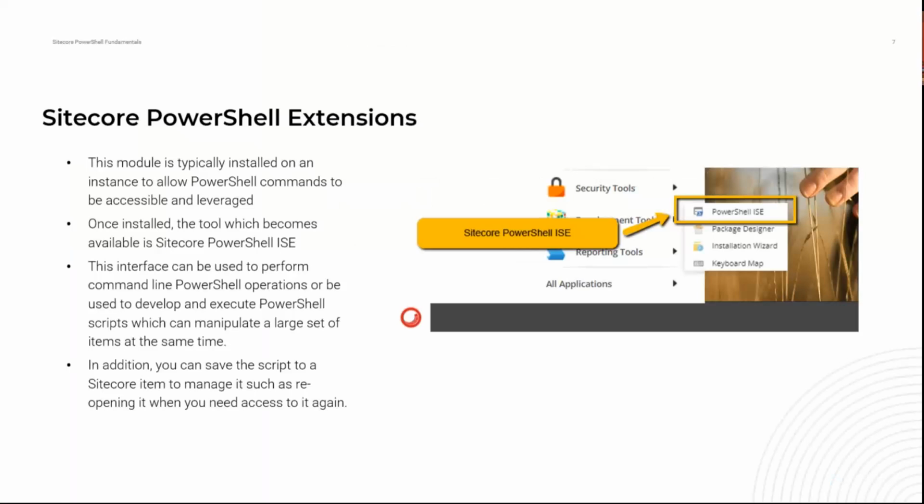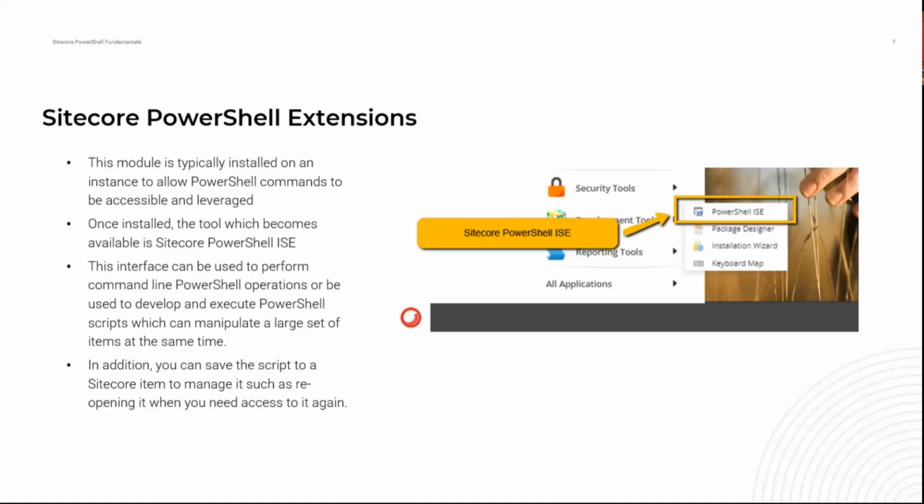In terms of Sitecore PowerShell Extensions, particularly if you worked with older versions of Sitecore, and I certainly have, Sitecore PowerShell Extensions was something we had to install as a separate module in order to leverage PowerShell on Sitecore. But I believe, and I think Rodrigo made this point clear, in current versions of Sitecore, it just comes pre-installed because there's such integration between PowerShell and Sitecore.